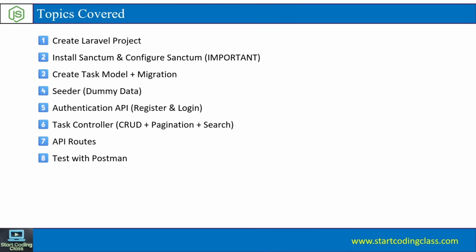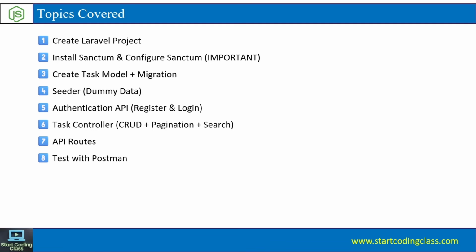So in this video, we will cover, first of all, creating the Laravel project and setup, and installation of Sanctum and configuration. Then we are going to create a task manager API. So we will create a task module, and also create a migration file for that, and also we will create a seeder that will create dummy data in our database. All the systems are automated.